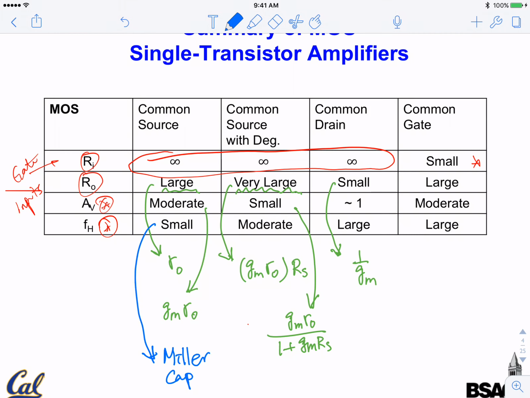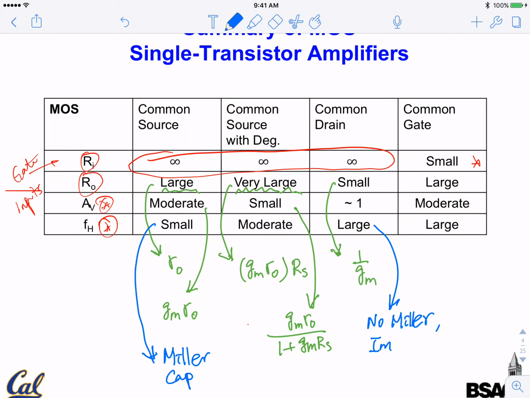And common drain, it's large because there's no Miller effect, and the impedance of the important node is small.